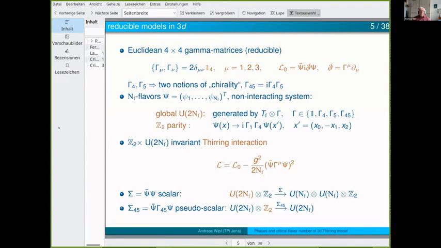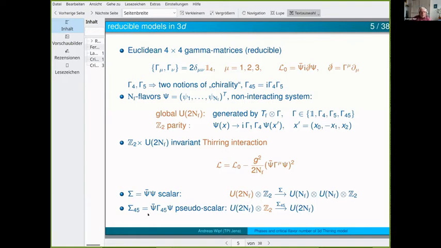These are the main symmetries I'm interested in this talk. So if you add now a Thirring interaction, current-current interaction, this is compatible with this symmetry of the free theory. So we still have the same U(2NF) times Z2 symmetry.